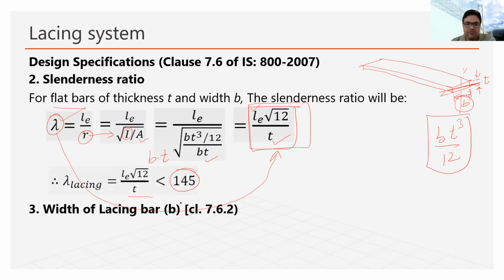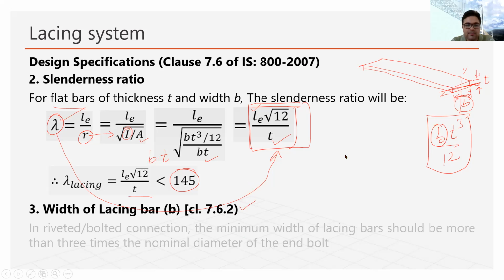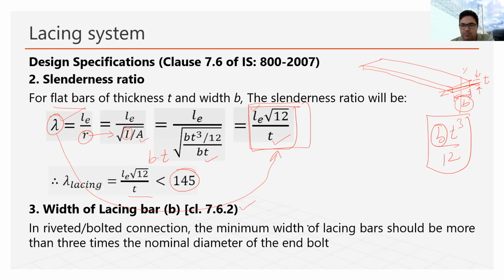Now, the width of the lacing bar. So this B value, how do we design this B value for the lacing bar? In the IS code, in this clause, the IS code has given some recommendations about the width of the lacing bar. IS code recommends that the minimum width of the lacing bar should be more than 3 times the nominal diameter of the end bolt.